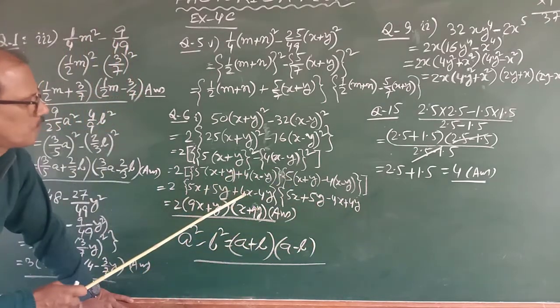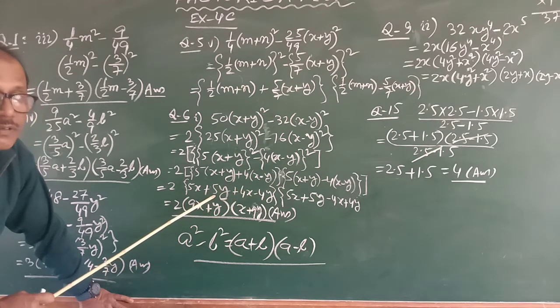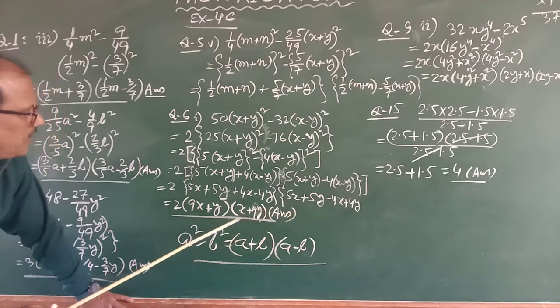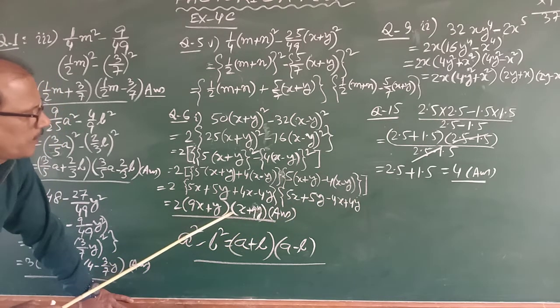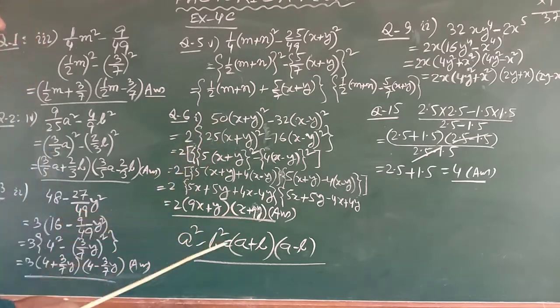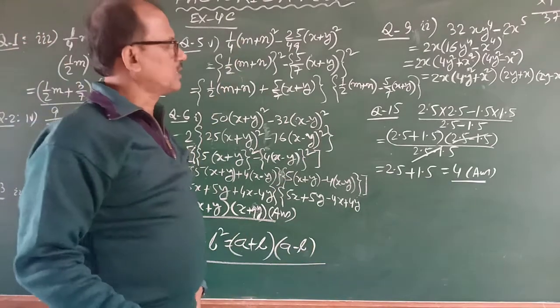Now 5x and 4x will be 9x plus y, because 5y was there. In this case it will be x plus 9y. So 2 into (9x plus y) into (x plus 9y) will be the answer. All these sums you should practice, because these will come in your exam.